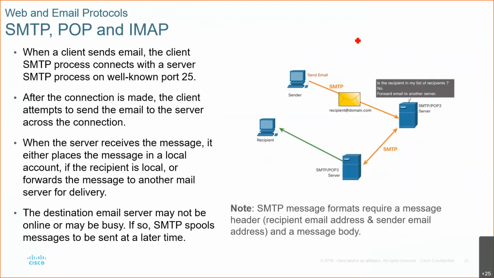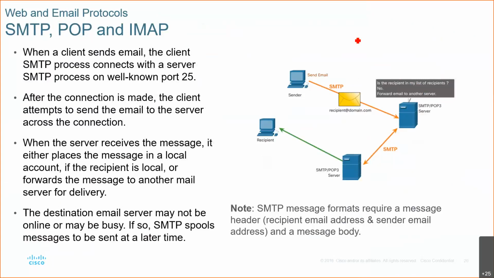So every time you send an email, you're using the SMTP protocol to push your email to the relevant server, and then from that server to another server. And then using POP3, you can pull the email from your server to your client.